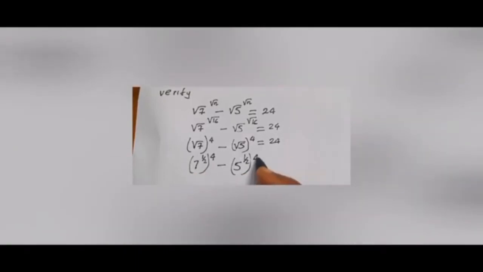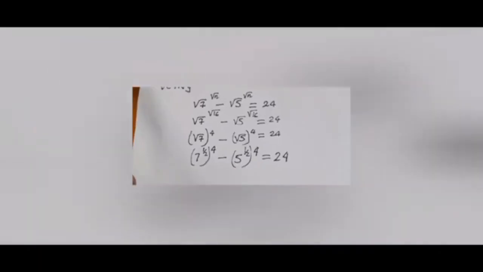We know root 7, or radical 7, is the same as 7 raised to power a half, in the bracket, minus root 5, which is the same as 5 raised to power a half in the brackets, times 4, equals 24.